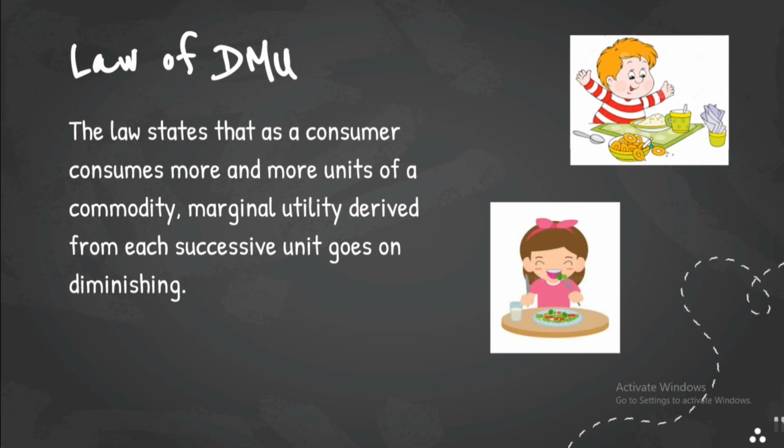That is what the law of marginal utility is basically trying to explain here. If I am giving you each and every chocolate, your marginal utility will keep on diminishing. This is what this law states. With every increase in the unit you consume, your marginal utility will be diminishing.